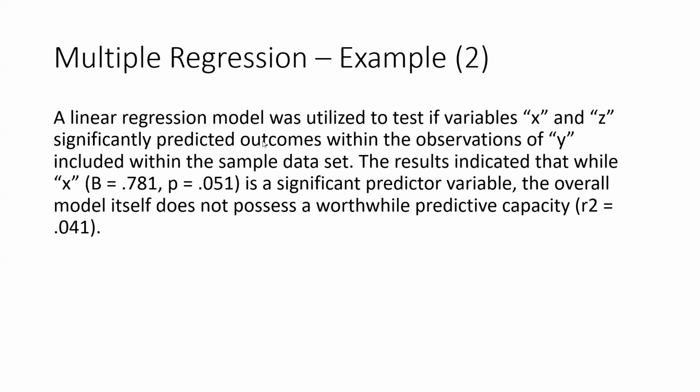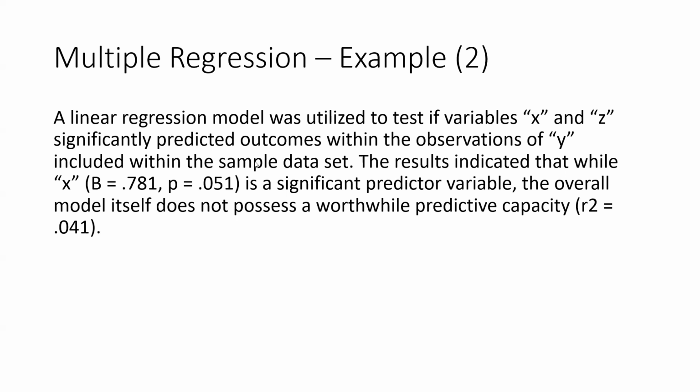For example, if we're looking to predict the outcomes of home runs, and we're testing if batter height and batter weight impact that, that's what you would place here instead of X, Y, and Z. You'd say a linear regression model was used to test if variables player height and player weight significantly predicted the outcomes within the observation of home runs included within the sample data set.